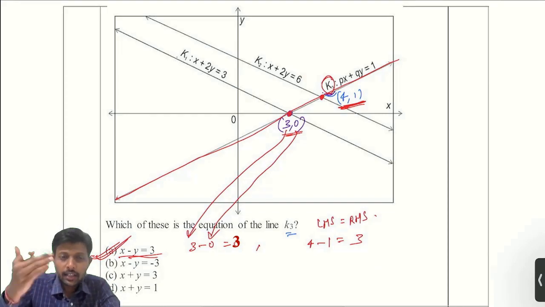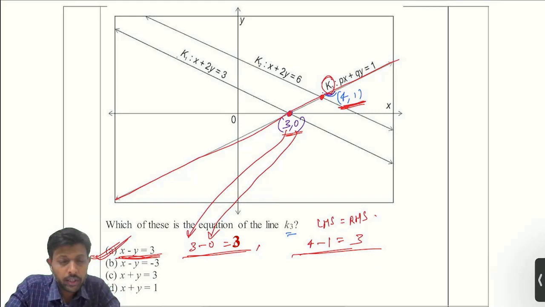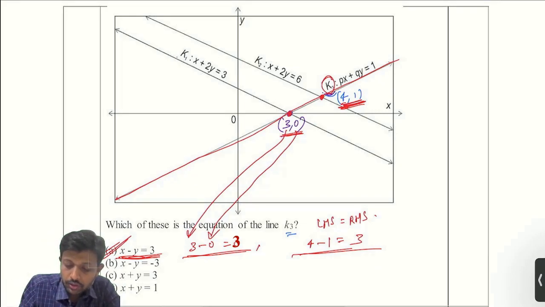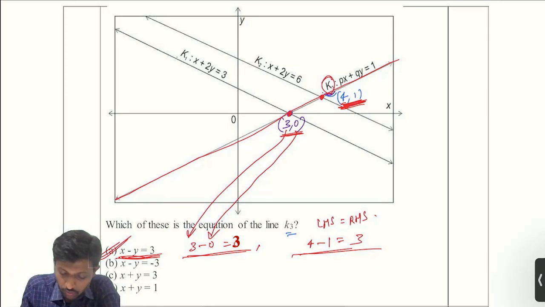I did not need to check the other options, okay, because there can be only one answer which satisfies both the points, which has both these as the solution. So there can be only one correct answer. But just for the sake of it, let's try the other options. 3 comma 0.